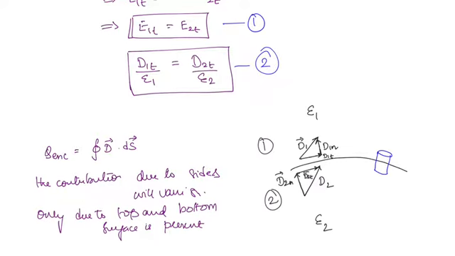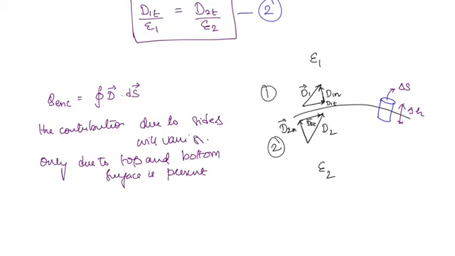Here we will take this height to be delta H and the area to be delta S. Delta S is so small that D1n is uniform everywhere, so you can take D1n out of the integral.